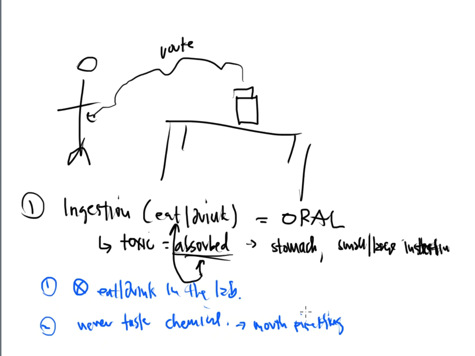With this said, though, I do want to mention that there is an indirect route. An indirect exposure route means that you did not deliberately do this. This was almost like an accident in a way. Of course, there's no accidents in the lab, right? We shouldn't be using the word accident. But let's say that you put a pen on a counter that you thought was clean.